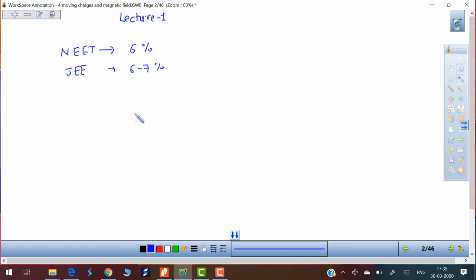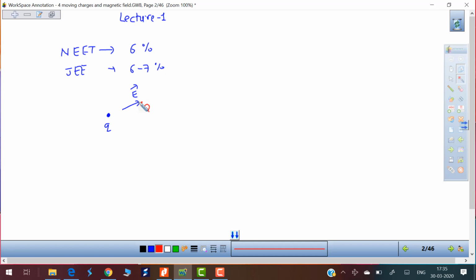You already studied in electrostatics, so whenever you have a charge Q, in the vicinity nearby there is an electric field. Depending on the charge there is a direction. And if you put any charge there, then because of this electric field, force is exerted on the charge which is placed here, and you can calculate the force.